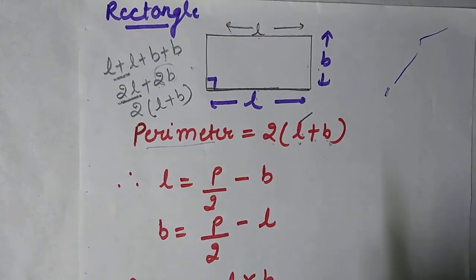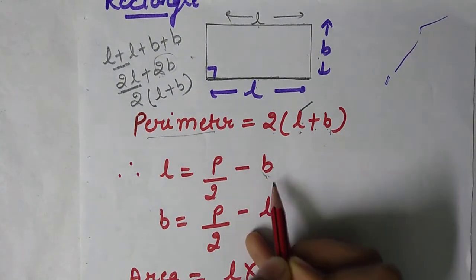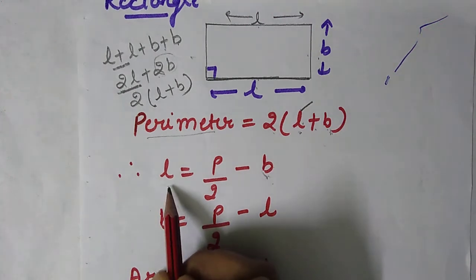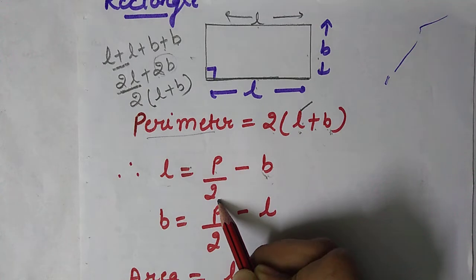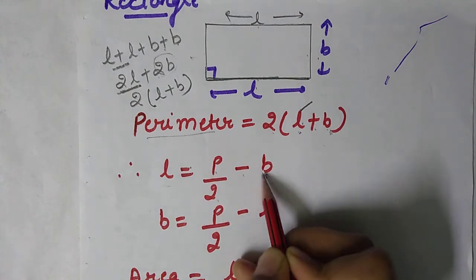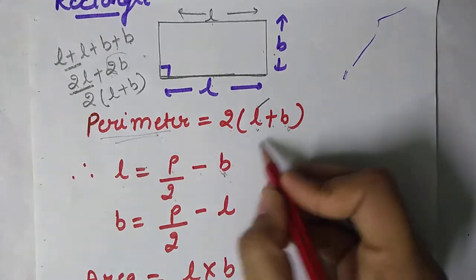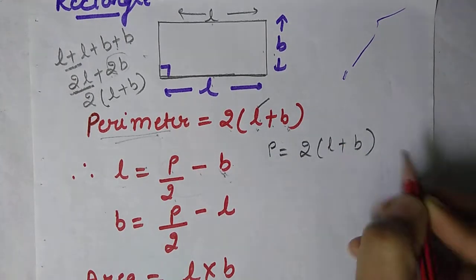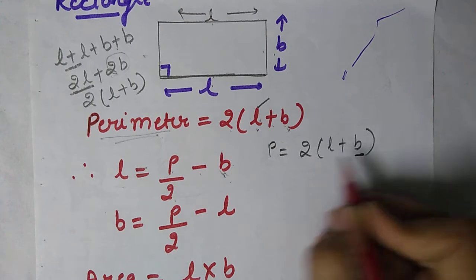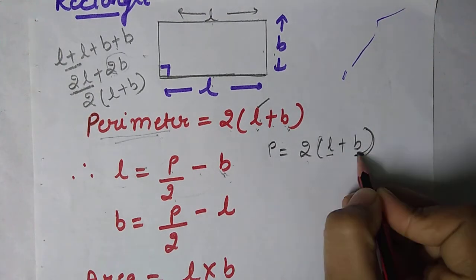Okay, suppose in case you are given perimeter and breadth, and you are supposed to find length. So how will you find length? That is equal to perimeter divided by 2 minus breadth. So how did this come? Let perimeter be P. P equals 2 into (L plus B), and we are given breadth and we have to find L. So first, this 2 is in multiplication with the whole.